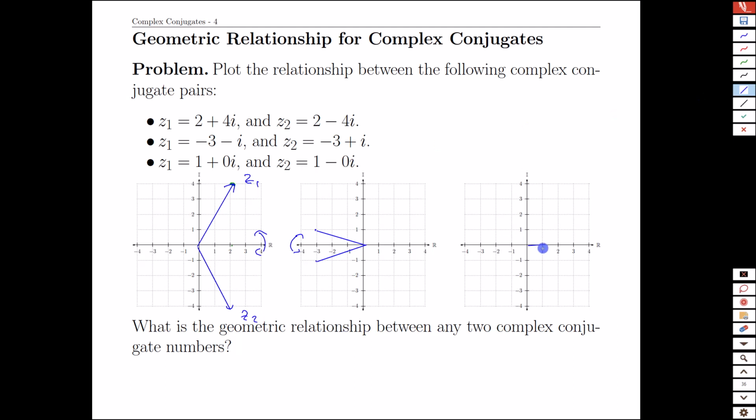And then if we flip that, we just get the same point again. So these are complex conjugates. There's just not a lot of flipping that's visible. We end up exactly where we started. So flipped or reflected across the real axis. That's the structure that we get in this particular instance.